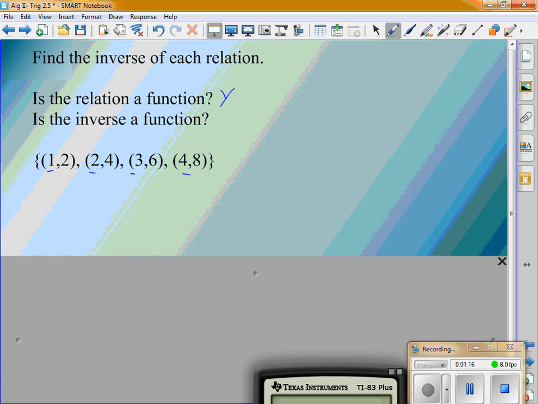So, yes, the relationship is a function. What's the inverse of this set? 2, 1, 4, 2, 6, 3, and 8, 4. Is the inverse a function? Do any of the new x values repeat? No. So the inverse is a function.